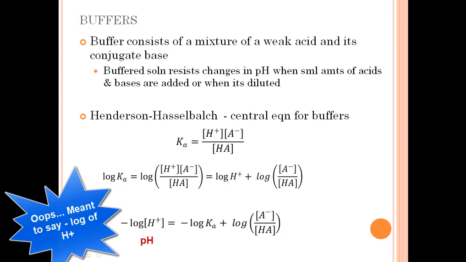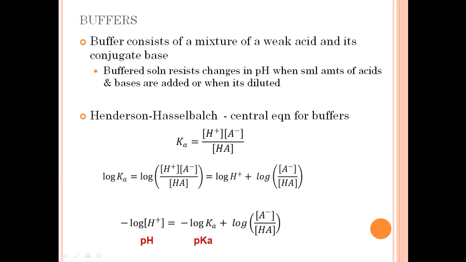What's the negative log of Ka? That's the definition of pKa, plus the log of A minus over HA. So really, it's just a rearranged form of the Ka equilibrium expression. The HH equation will tell us the pH of a solution, provided that we know the concentrations of acid and base and the pKa of that acid.